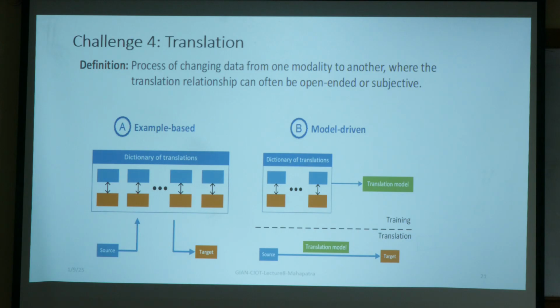Now, sometimes it could be model-driven or just example-based. Example-based means in such small sections, this is source, then this is target. That's how the translation happens. Another source goes to target.